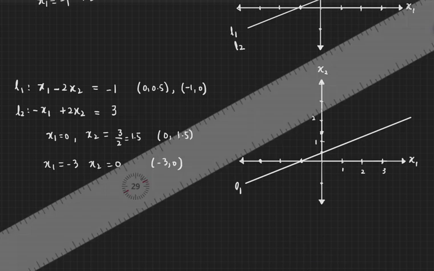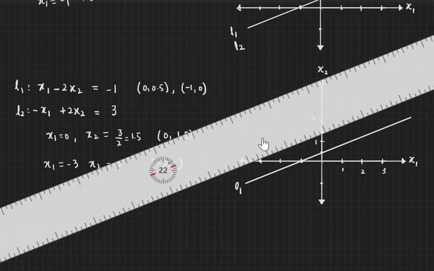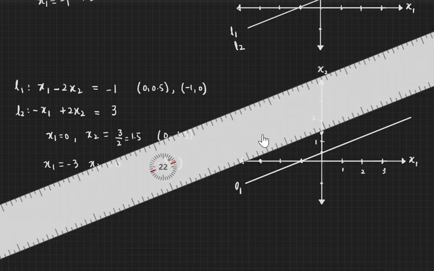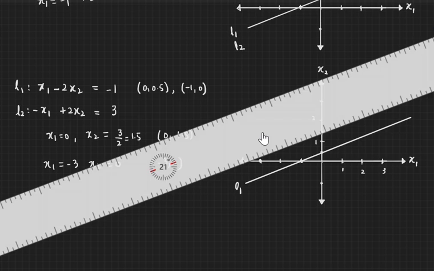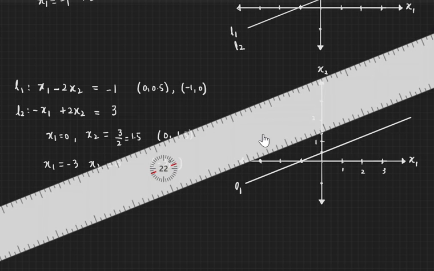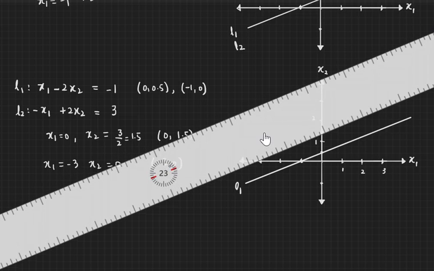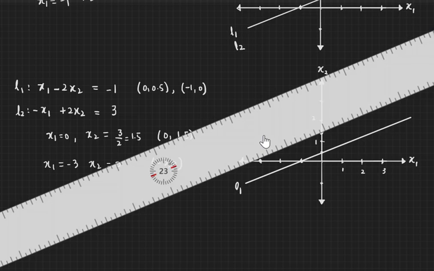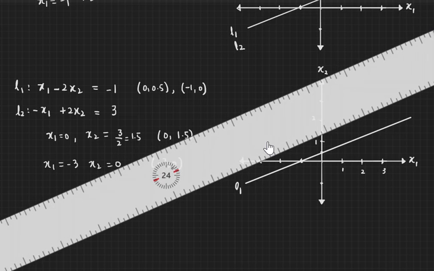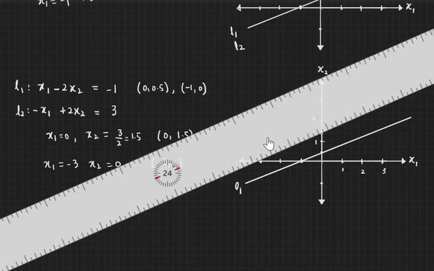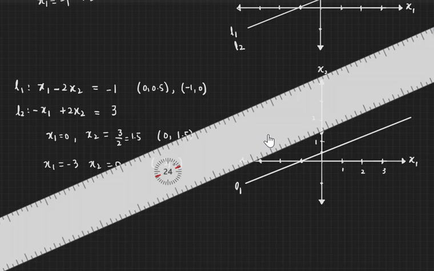Let's join them together and extend them on both sides. That would be the required straight line L2 corresponding to the second equation.